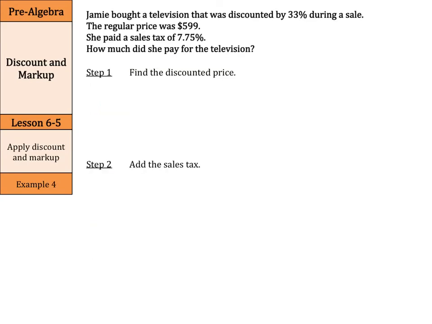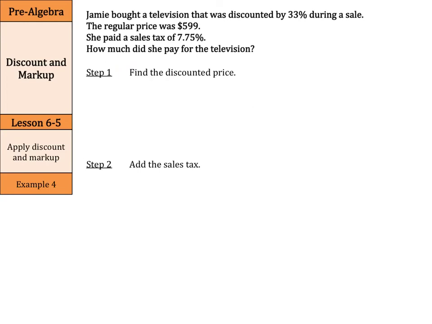Jamie bought a television that was discounted by 33% during a sale. The regular price was $599. She paid a sales tax of 7.75%. How much did she pay for the television? Well, there are two steps here, and our first step is to find the discounted price.